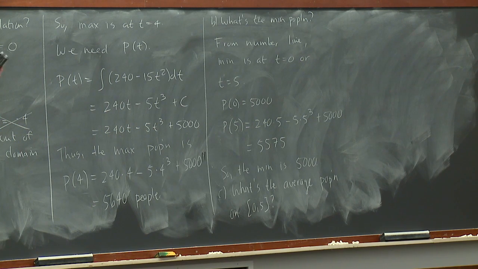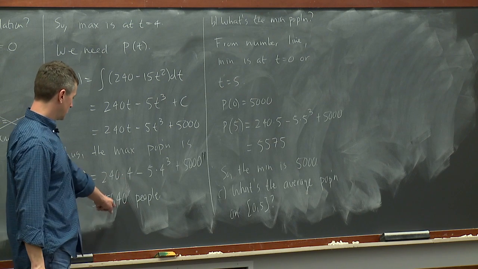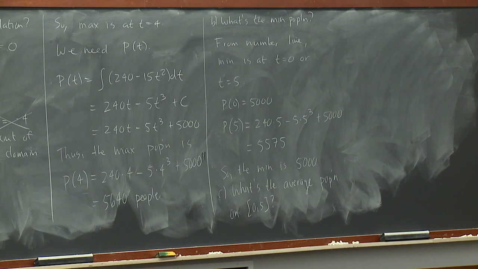Better be more than 5,000, less than 5,640, right? If the highest you ever are is 5,640, there's no way your average can be more than 5,640. And if the lowest you ever are is 5,000, the average must be at least 5,000.